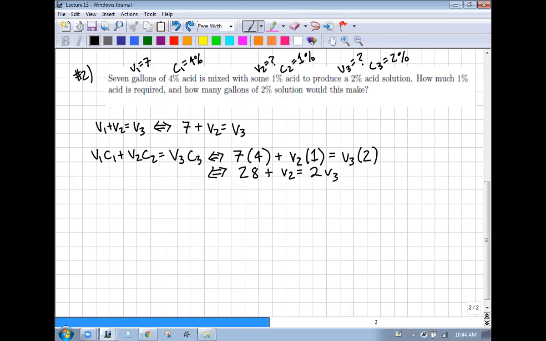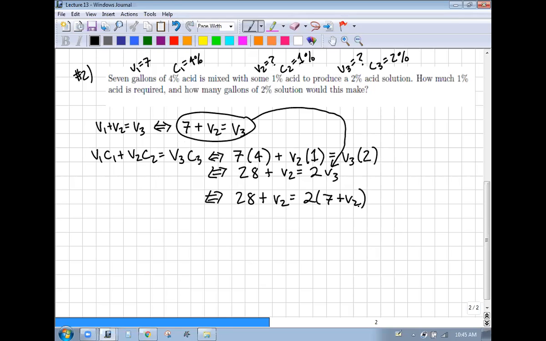But what you can do is substitute. If V3 is 7 plus V2 and we plug that in here, if we rewrite this equation by substituting that in, check this out. Replace V3 with 7 plus V2. This equation only has 1 unknown now, and we can solve for V2.